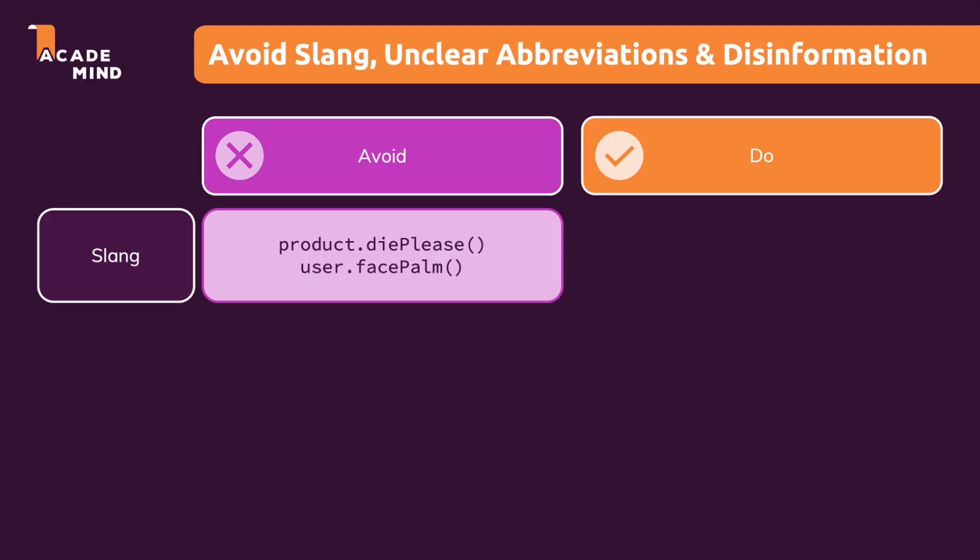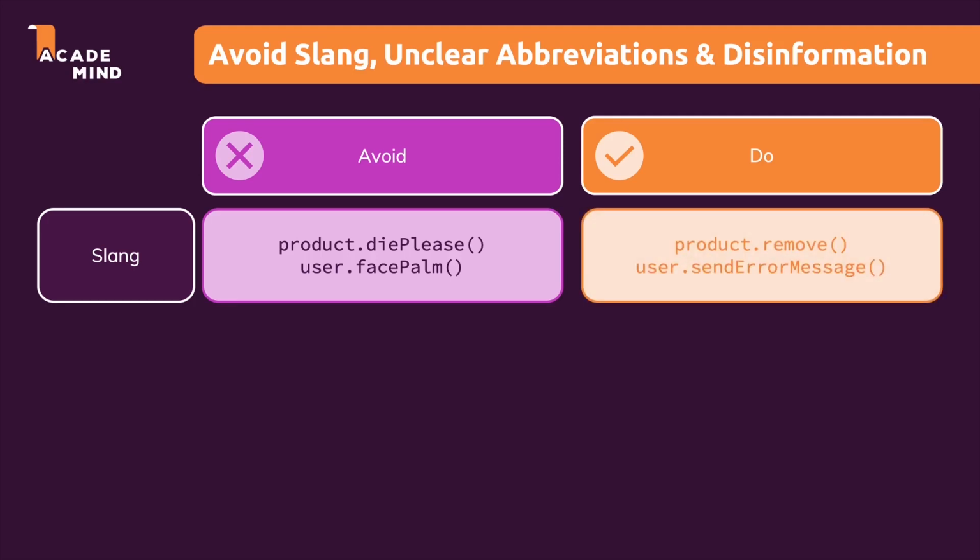And if I dive into this project and I have not been part of the team right from the start, I don't immediately understand what these methods are doing. Die please, for example, sounds like the product is about to be deleted, but I can't be 100% sure about that unless I dive into the code. So instead, don't use slang, use objective, clear names like remove or send error message here.